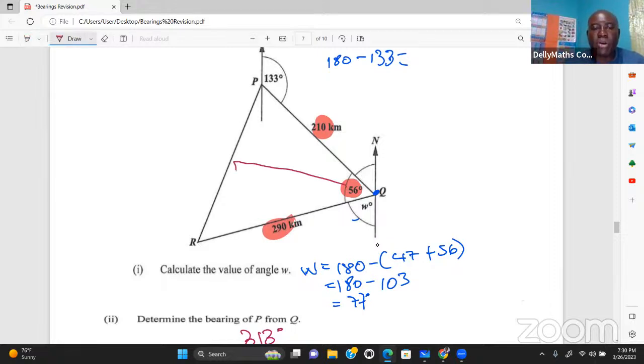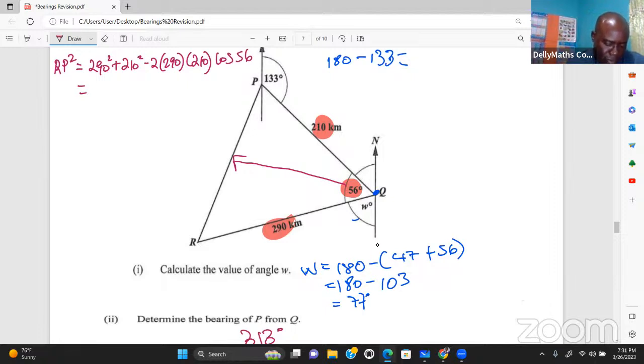You should see from now that we're seeing this a lot. So we could start off by saying RP squared is equal to 290 squared plus 210 squared minus 2 times 290 times 210 times the cosine of 56. And this will take us there.